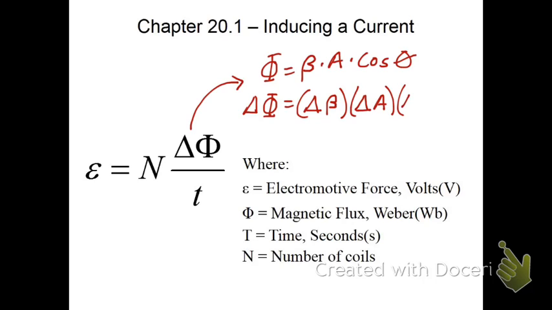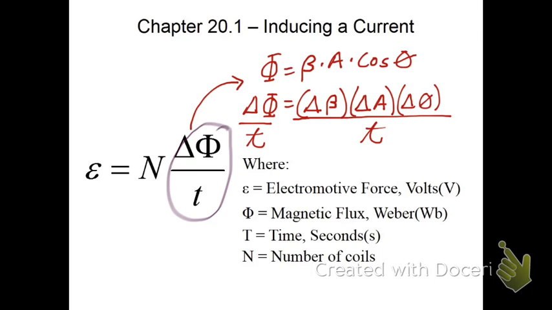So I can manipulate these things, the field strength, the area, the orientation, and I want to do it quick. Right? That will then maximize this term right here, which will in turn maximize the amount of voltage that I produce.